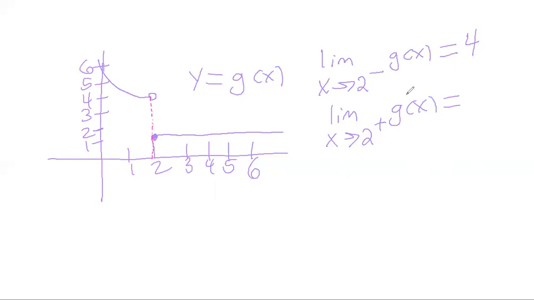Now, suppose I have the limit as x approaches 2 from the right-hand side. It's going to be somewhere in here, right? Because from the right, it's going to be a little above 2. Bam, where does it hit? Right there at 1. So the limit as x approaches 2 from the right-hand side is 1.